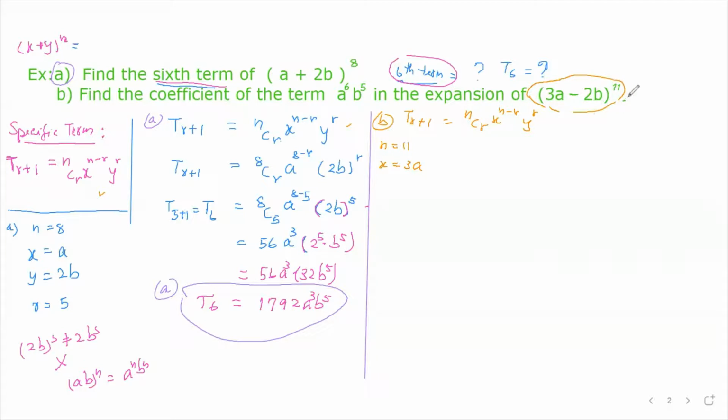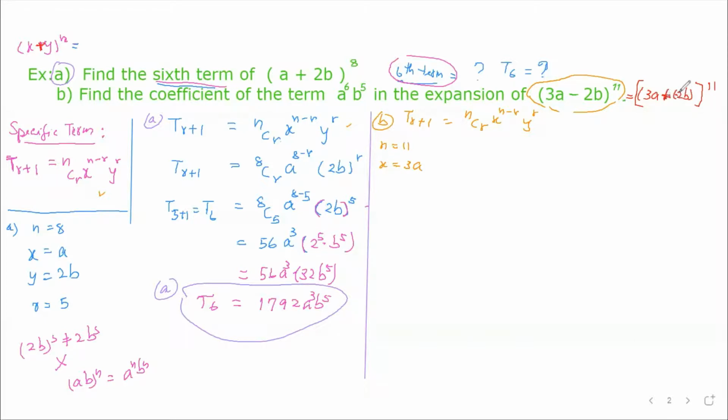Really important, according to the formula there is a plus sign, so we can write (3a plus 2b) the whole thing power 11 in the binomial theorem pattern, but this one should have a minus inside.